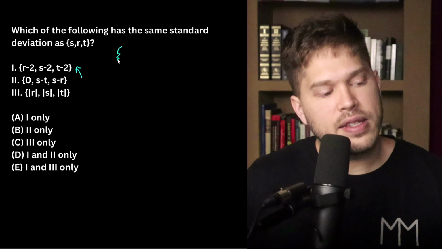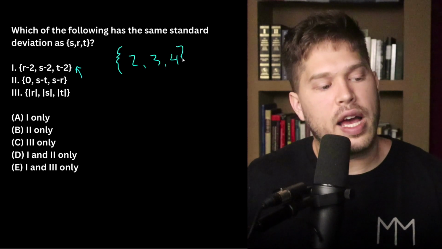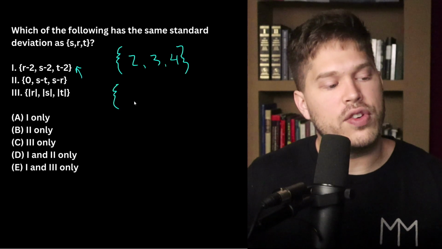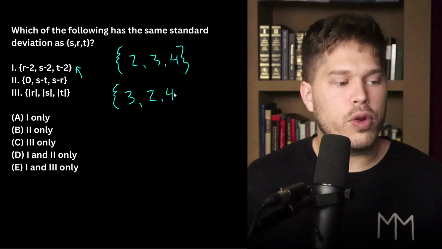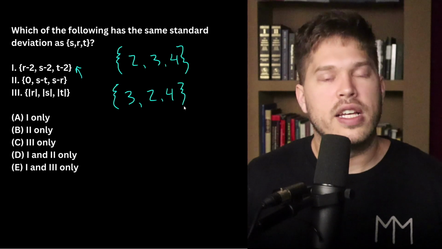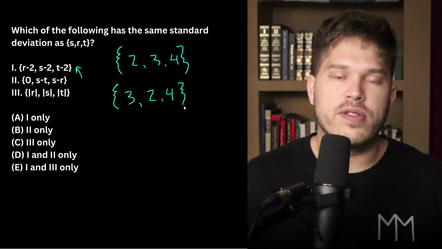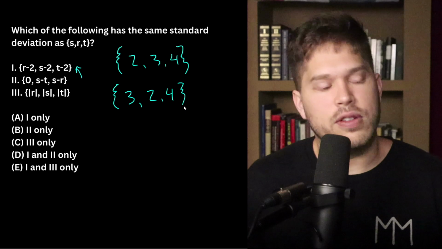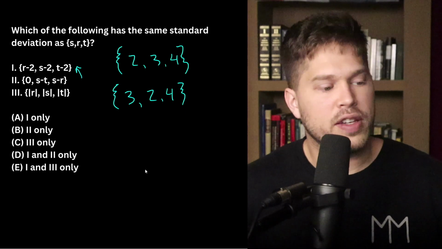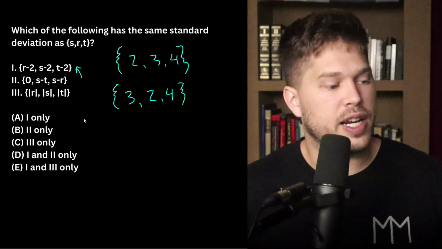A data set of 2, 3, and 4 is going to have the same standard deviation as a data set of 3, 2, and 4. Okay, the ordering of your data does not affect the standard deviation, as standard deviation is only focused on the average distance from your mean. So the ordering is not so important for your data.